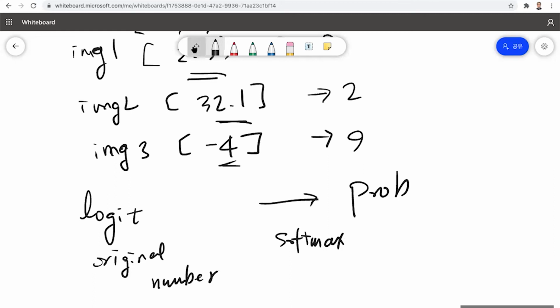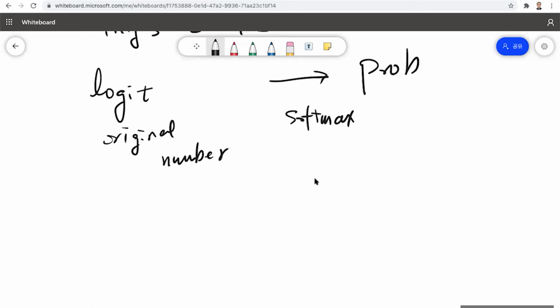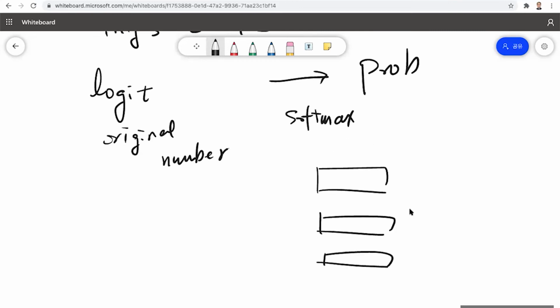So in our program, when we define our model, if I specify that I'm going to apply the softmax at the end, then the output will be a probability. Then I don't have to say that my loss function is from logit.